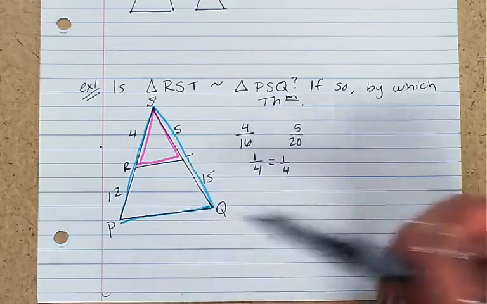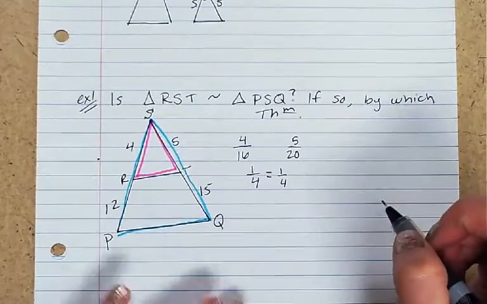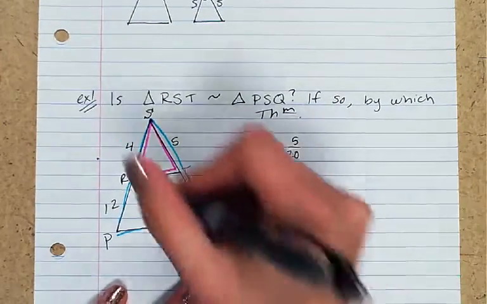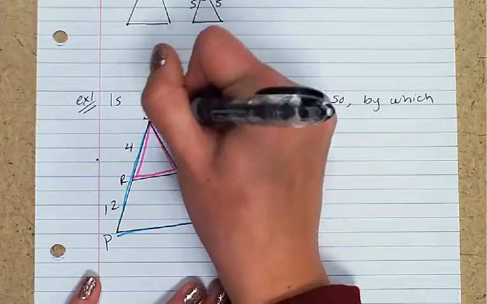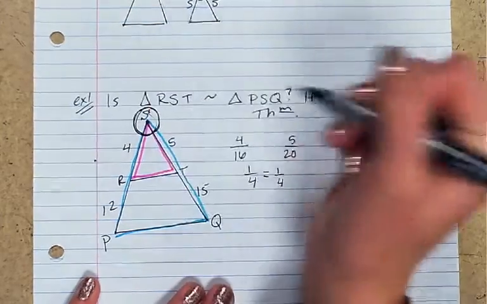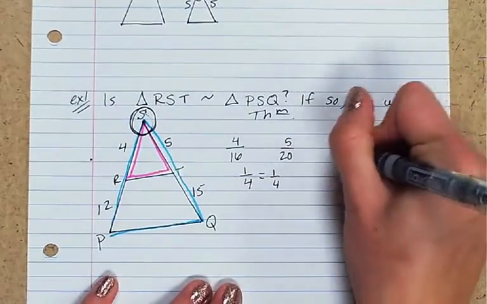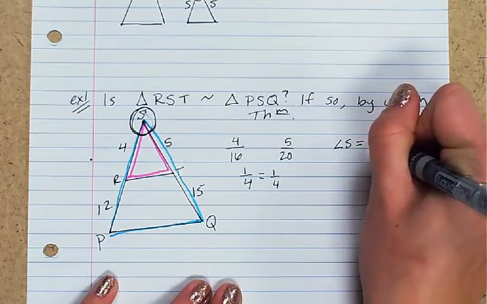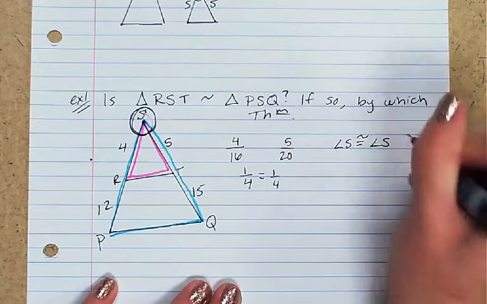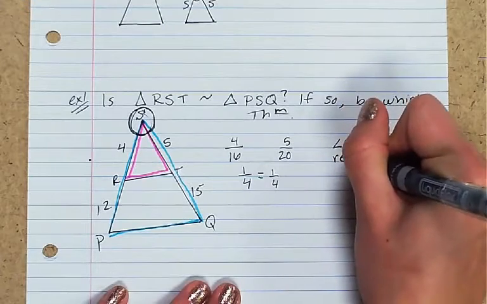So the other theorem is the SAS. Well, if you notice, both triangles are using angle S, and angle S has to be congruent to itself by the reflexive property.